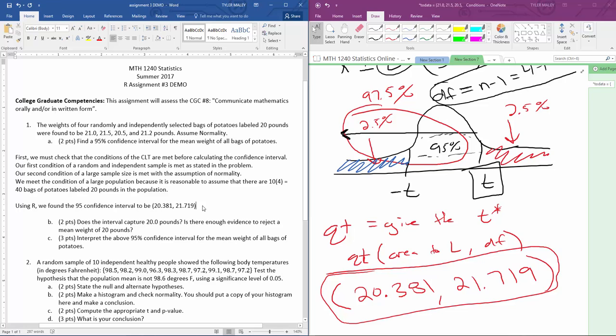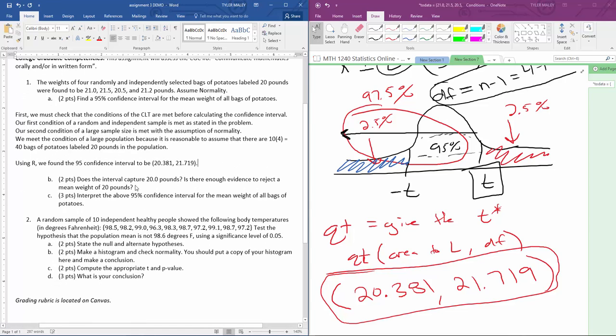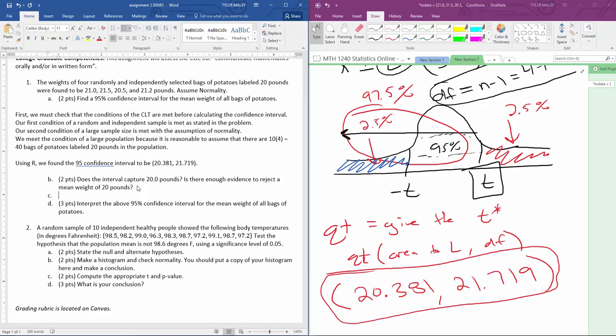Right, so there's my confidence interval. All right, so then part B.